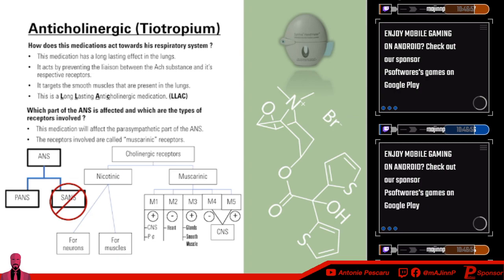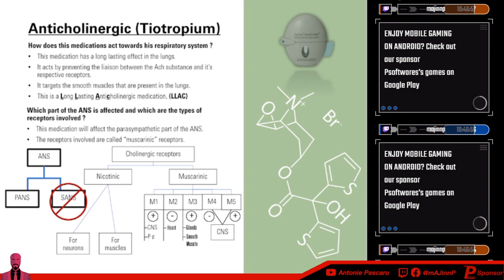M3 is a stimulatory pathway, and mostly it's going to stimulate the glands, more specifically the exocrine glands, and the smooth muscle. The smooth muscle of what? In this case, we're targeting the lungs, so the smooth muscle of the lungs. It's going to stimulate what? Contraction. So that pathway interests us, and you're going to see why in a moment.